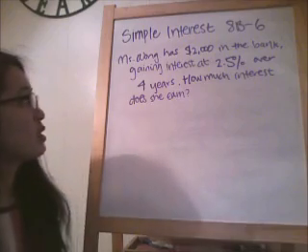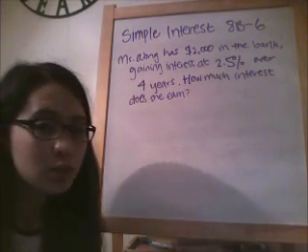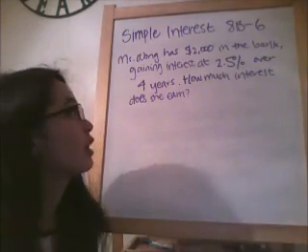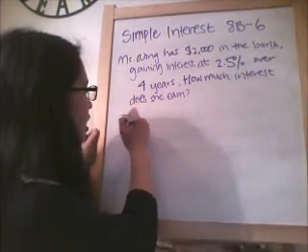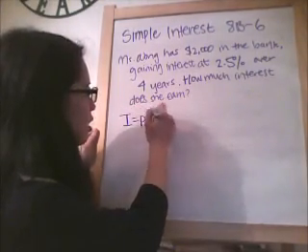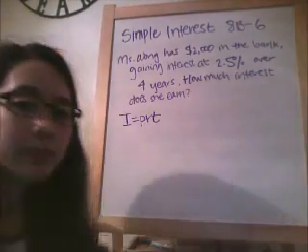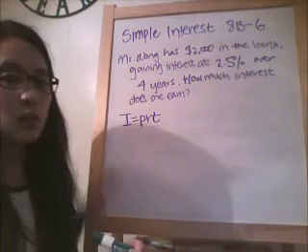It says, Miss Wong has $2,000 in the bank, gaining interest at 2.5% over 4 years. How much interest does she earn? So remember, our formula for simple interest is I equals PRT. Principal times the rate times the time. Now, let's go ahead and identify what each of these things are in this word problem.